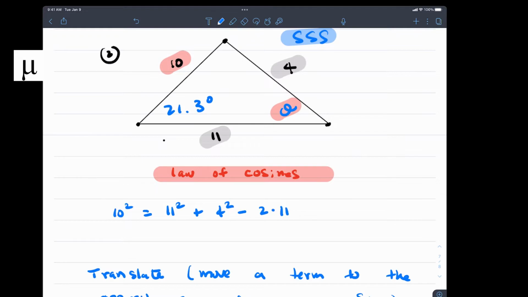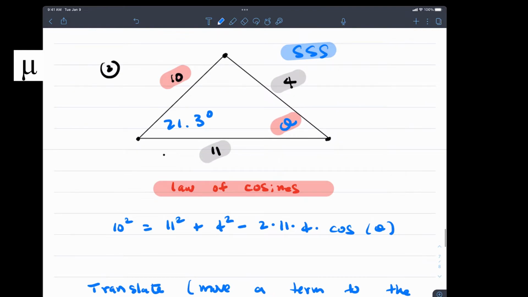Now you do 2 times 11 times 4 times cosine of that angle theta. So this is what I do personally when I think of law of cosines. But I got to show you the book, and the book is good too. It's just a matter of which approach you like. It's the same thing. Okay, so don't look at that and go, oh, I'm being taught something different.